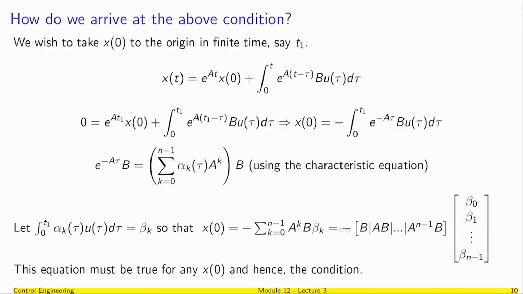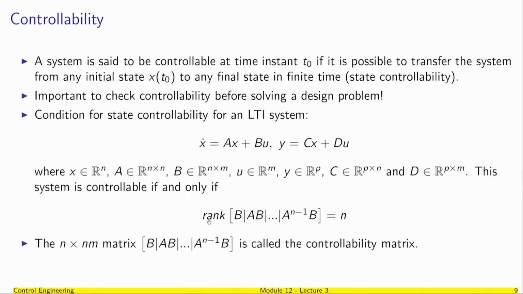So, when does a solution exist? A solution will exist if and only if the matrix [B AB ... A^(n-1)B] has full rank n. This is exactly the rank condition we are trying to derive: the system is controllable if and only if this matrix is of rank n.